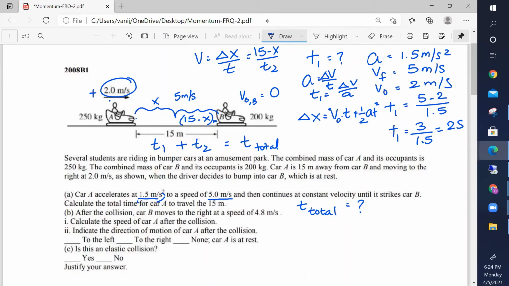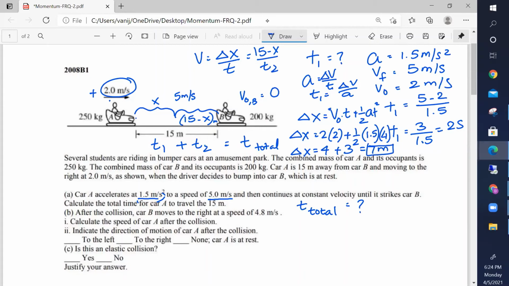So delta x is equal to V0, which is 2, times time, which is 2, plus 1/2 times a, which is 1.5, times t squared, which is 4 because 2 squared is 4. So 2 times 2 is 4, plus 1/2 of 1.5 times 4, which is 3. And so that distance is going to be 7 meters.